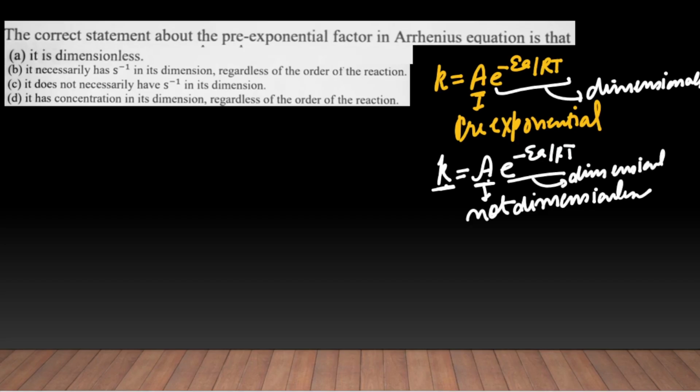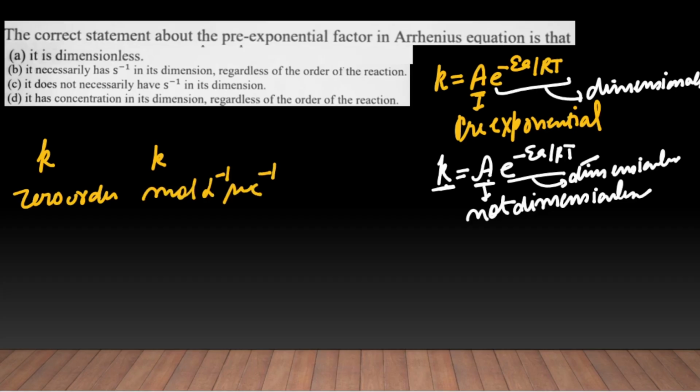Next statement says it necessarily has second inverse in its dimension regardless of the order of the reaction. If you see this statement, suppose the rate constant is of zero order kinetics; in that case the units of the rate constant will be mole per liter per second, and this only will be the units of A also, right?